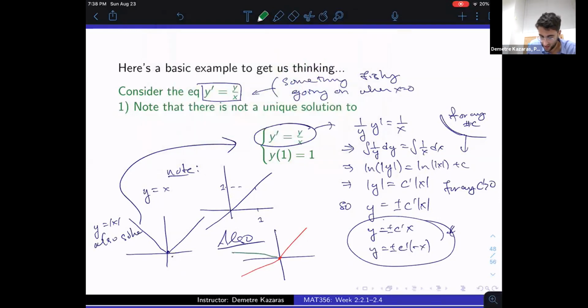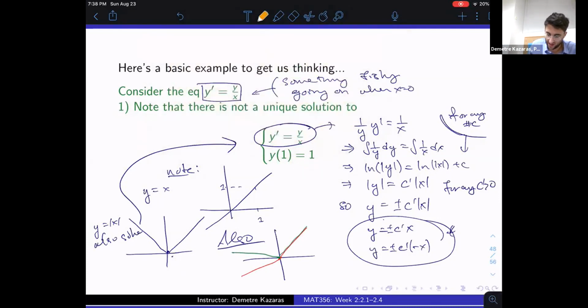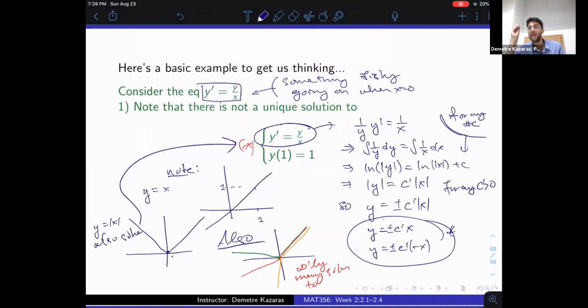A function that maybe has negative slope and then it equals x after there, or you can see where this is going. Anything that is a line that meets 0 and then continues on as x after x equals 0 will solve this initial value problem. So big issue here. We get infinitely many solutions to the initial value problem. Big time, not unique. The solution is not unique.